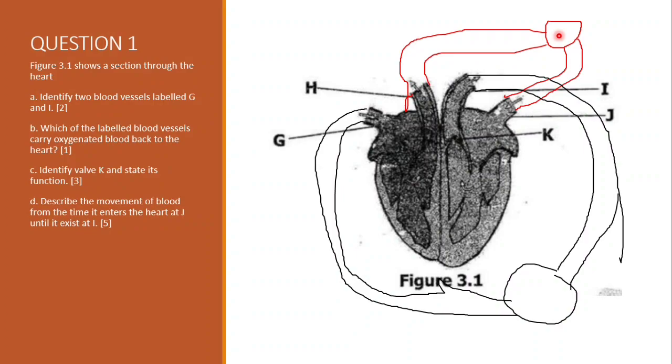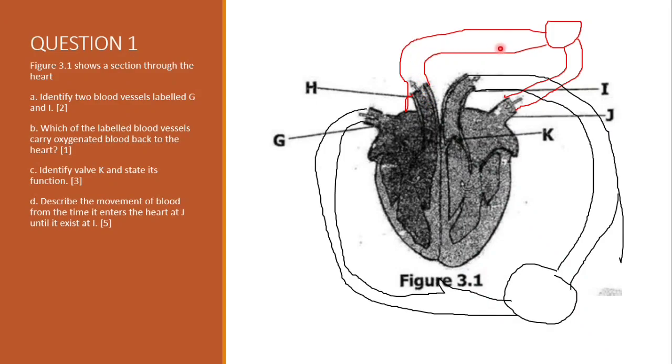The lungs have got close association with the transport system. That's what makes it possible for oxygen to be absorbed by blood. So as blood is flowing, it is deoxygenated at this point, going to the lungs.